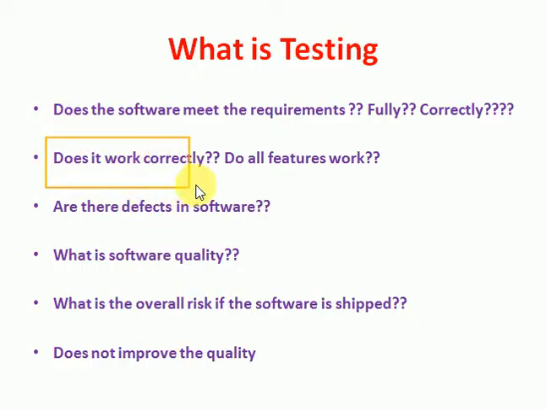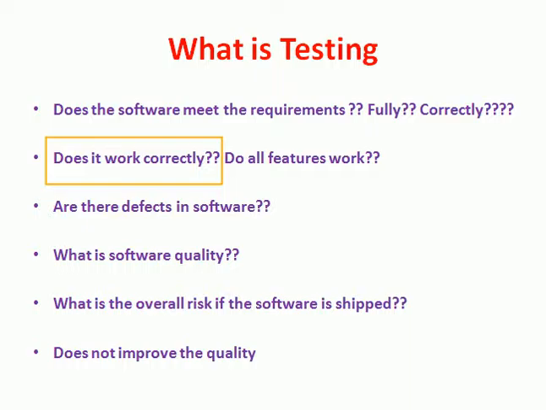So let us think about tax return software, and there we find that for the basic income it is computing the tax correctly, but when we give additional income it is not computing the tax correctly. There is some problem. That is the advantage of testing. It tells us whether the requirements have been correctly implemented in it or not.